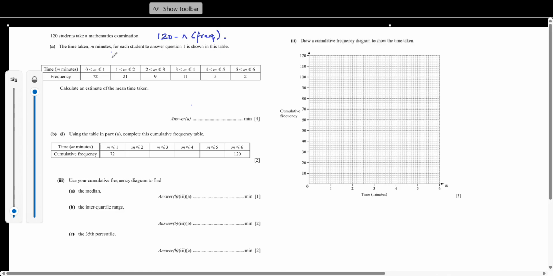For grouped data, mean is sigma fx, that is the product of the frequency into the observation, divided by the summation of the frequency. Since it's a class interval here, we need to take the midpoint, which represents just one value representing the entire interval.